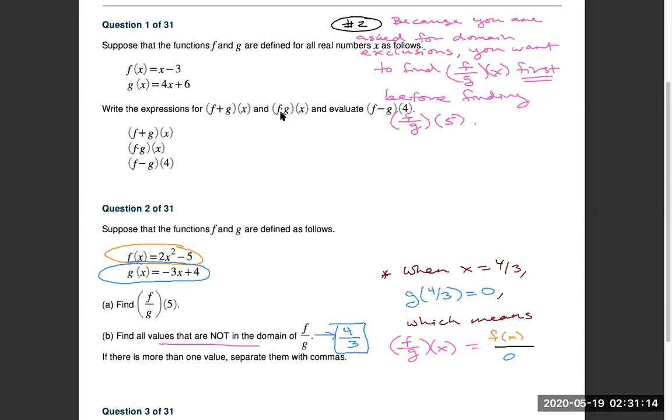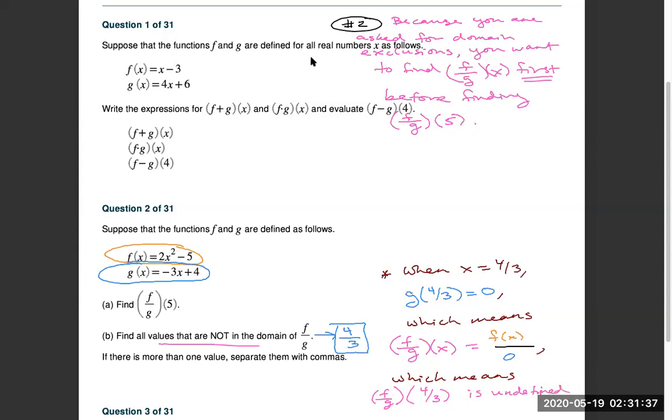Which means f divided by g at 4/3 is undefined.